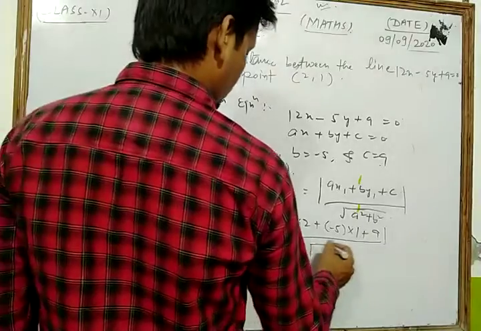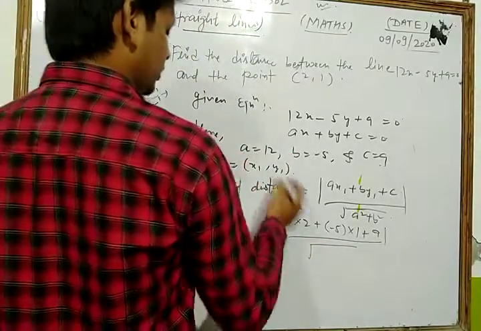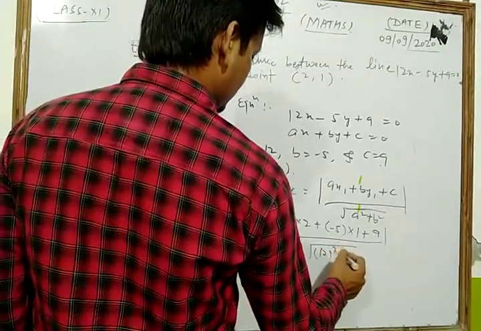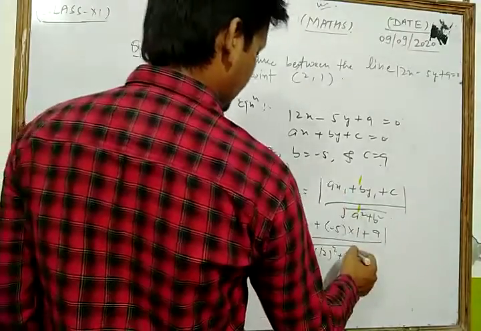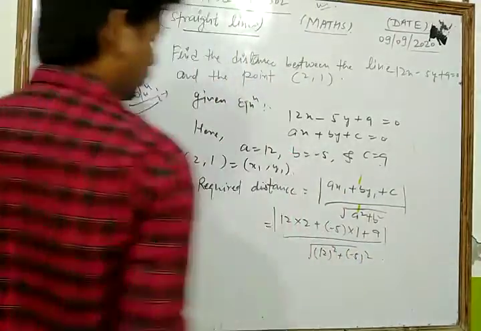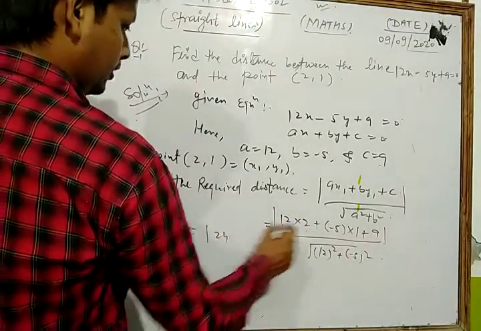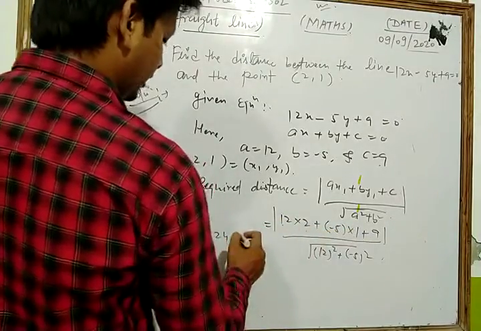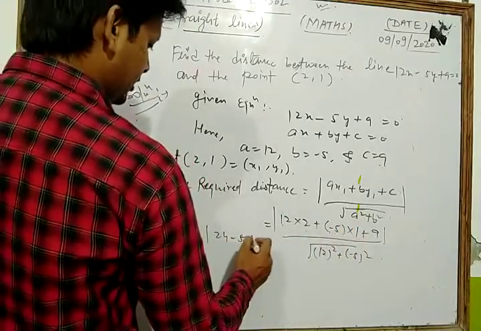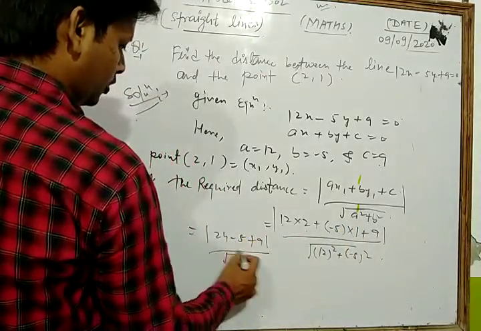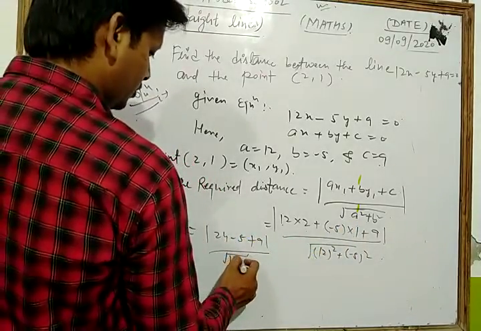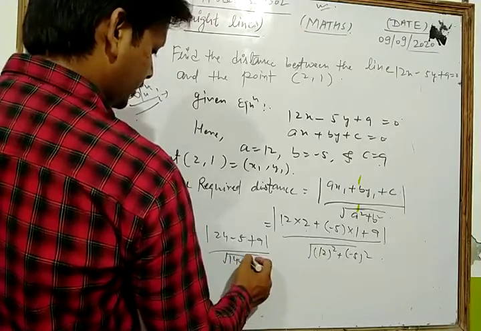Upon under root a square, that is 12 square, plus b square, that is minus 5 square. Now solve it, dear students. 12 into 2 is 24, plus minus 5 into 1 is minus 5, plus 9, upon under root 144 plus 25.